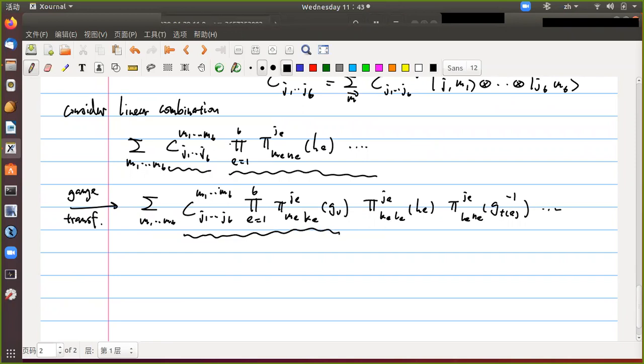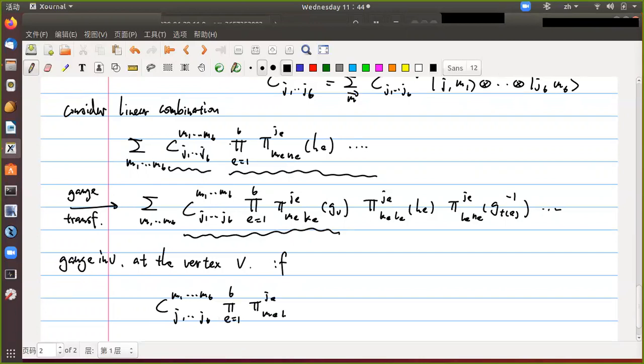If C multiplied by this factor depending on g_v and then summed over m doesn't change C, doesn't change this tensor, then at least at the vertex v you get gauge invariance, if you have this identity, this relation for C with m1 to m6, j1 to j6, pi_{j_e}(g_v), k_e, summed over m.